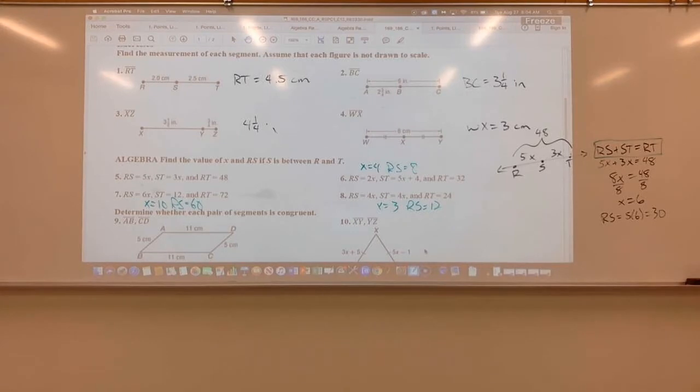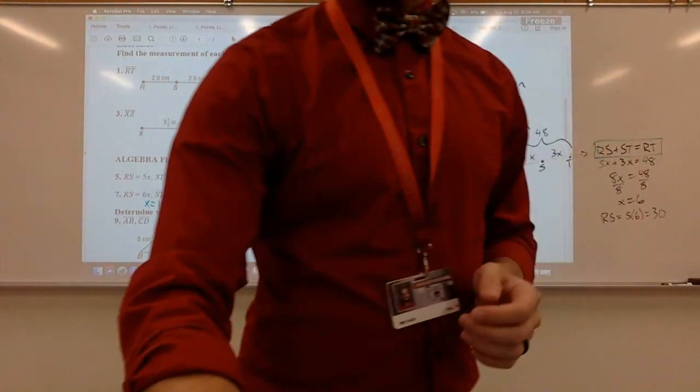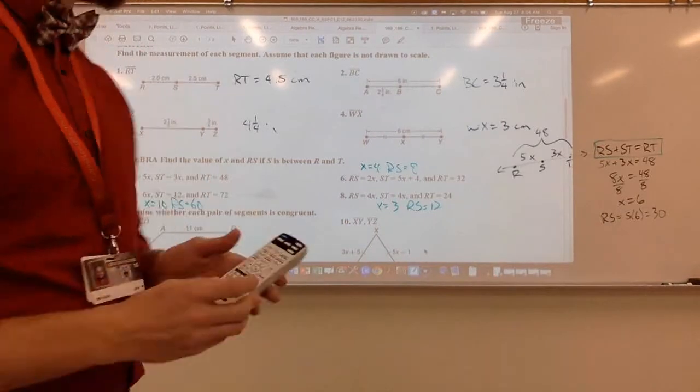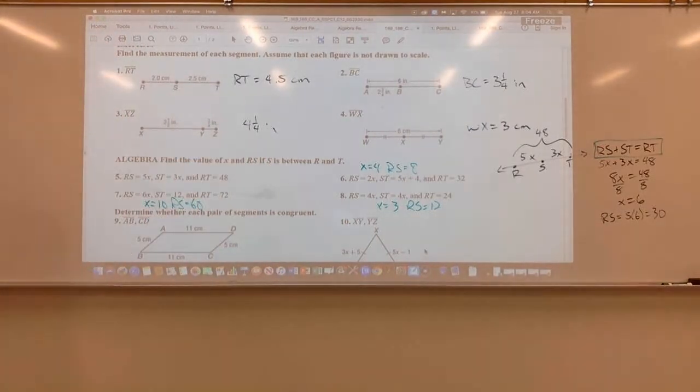But if you can just visualize what I'm saying, 5x plus 3x equals 48. But once we start getting into proofs and things like that, it'll make a lot more sense why I'm asking you to write this step first. It's going to be much easier to visualize things later. All right, let's take a look. Yeah, 12. Any other questions?